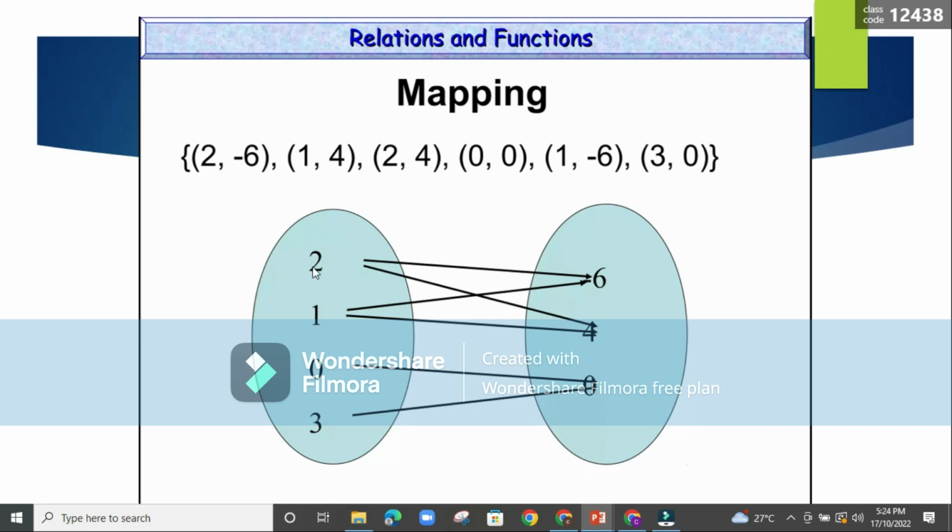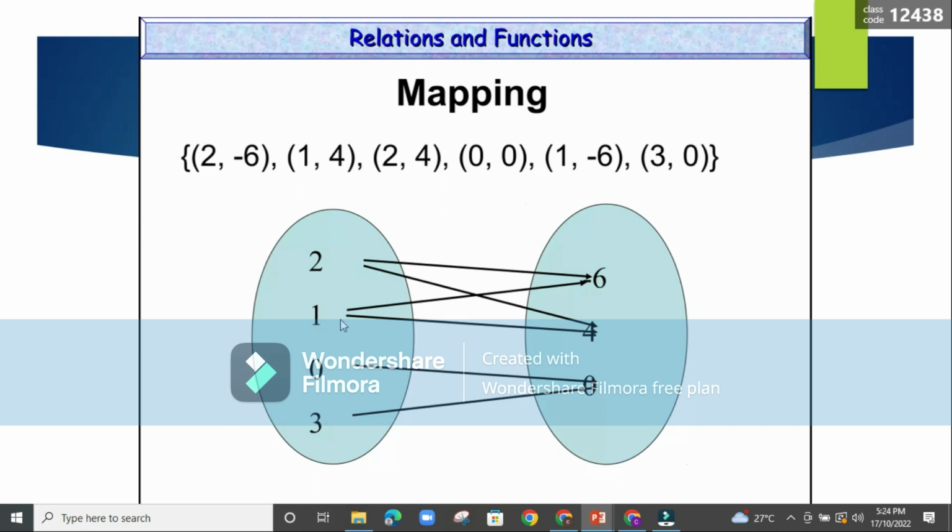So for 2, that corresponds to -6, as well as 2 here. We also have 4. So this is negative 6 and this is 4. So the arrows from 2 go to 6, negative 6 and 4. Now let's proceed to 1. 1 is repeating, which has corresponding y coordinates of 4 and negative 6.